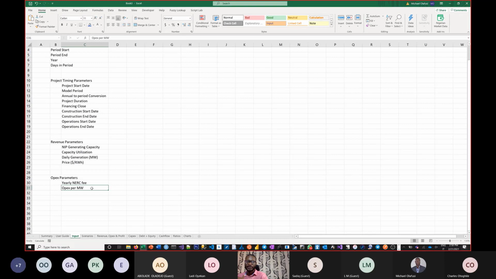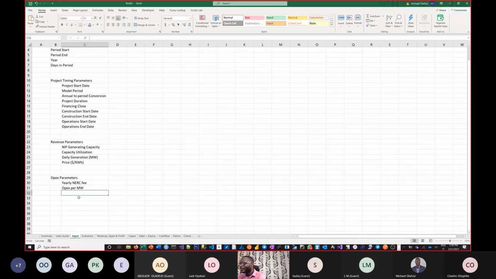You can go as granular as laying out the actual number of staff you're going to need and the things that will make up the general and admin expense. But when you don't have that information, you can look at similar projects and take a flat rate, to say this is typical Opex per megawatt. I don't have time, that's why I've decided to use that broad approach.